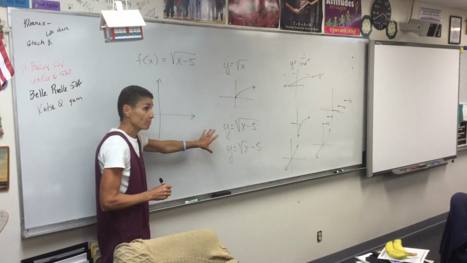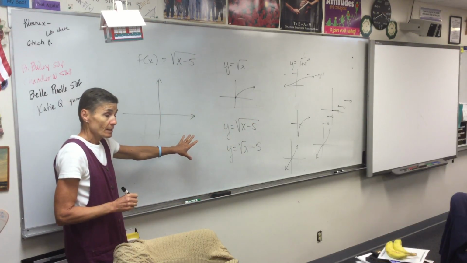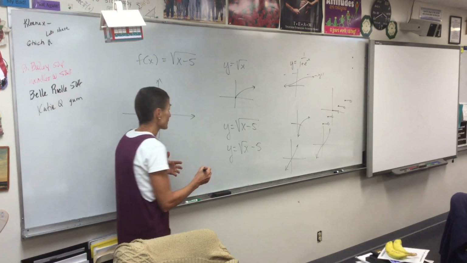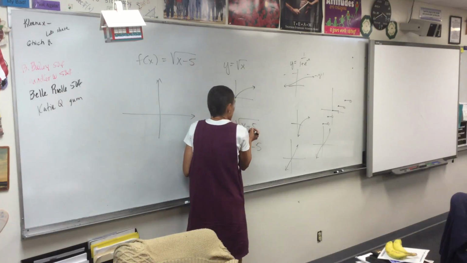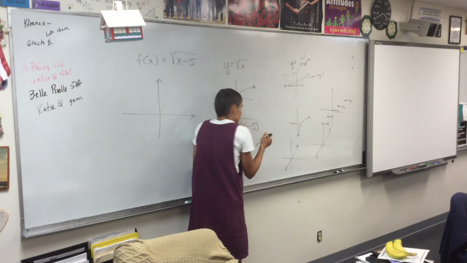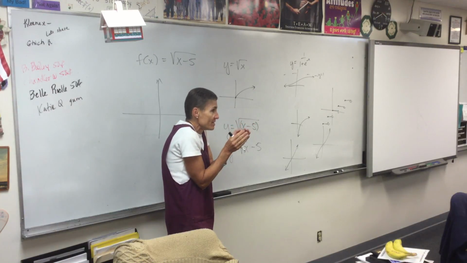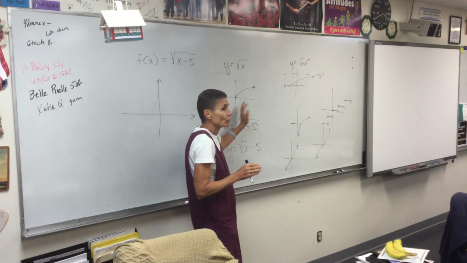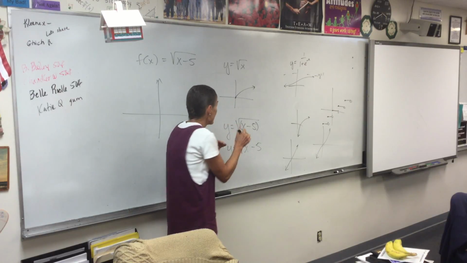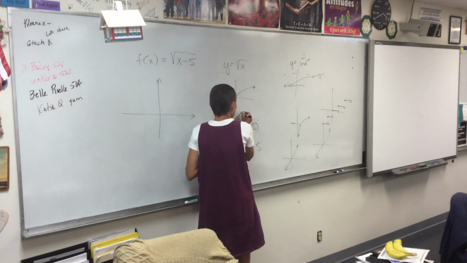Those are different problems. And the graphical impact is different. Anytime you add or subtract to the x, so you group it with the x, you're taking the square root of the whole shebang, that's going to move you sideways.